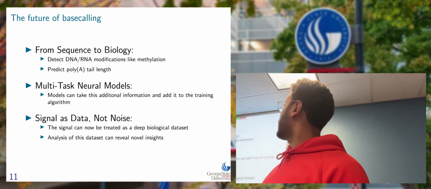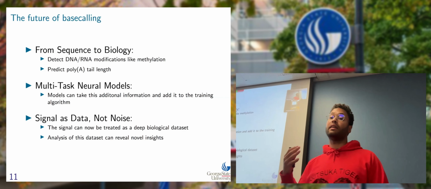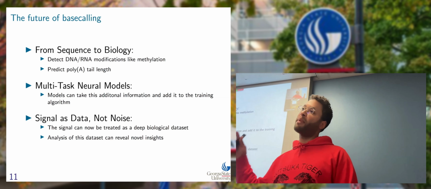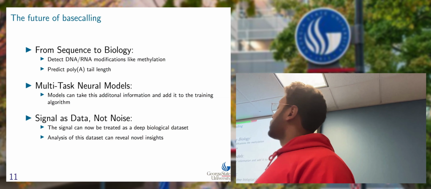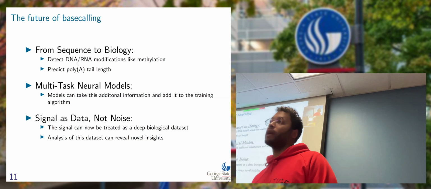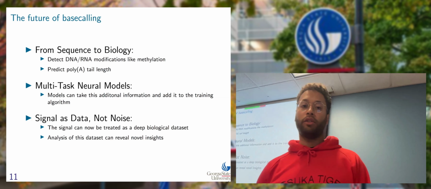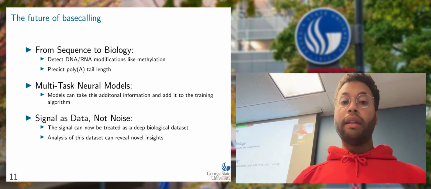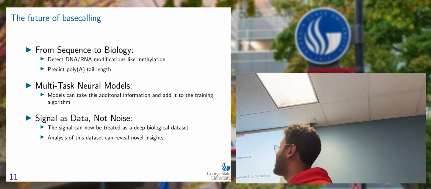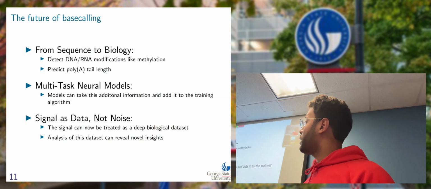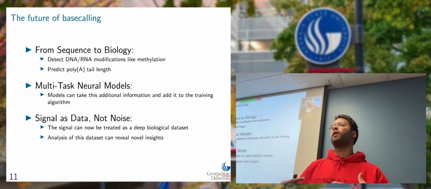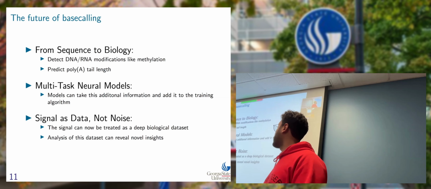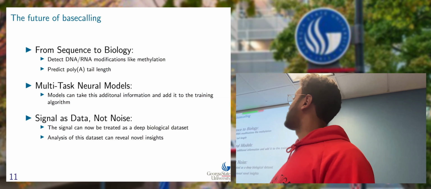Multitask neural models, right? We can also take this information and feed it back into our network to better train it and better understand this information. And not only that, as these insights become more and more apparent and relevant, we can see this data as a signal.